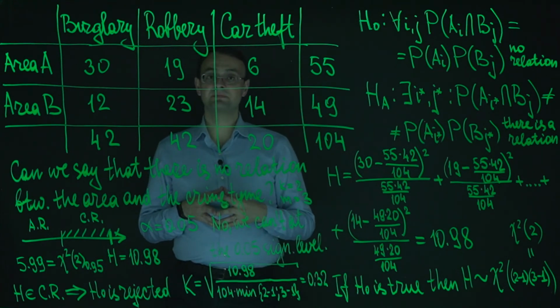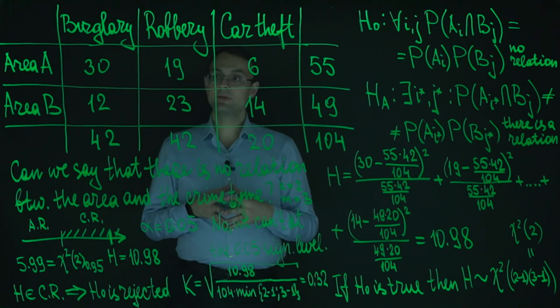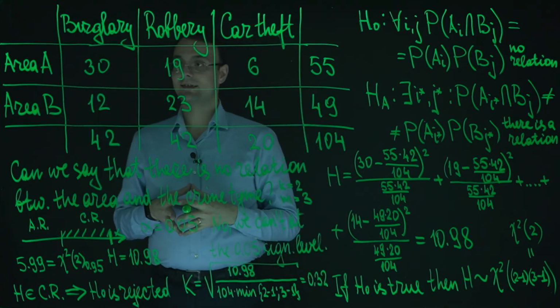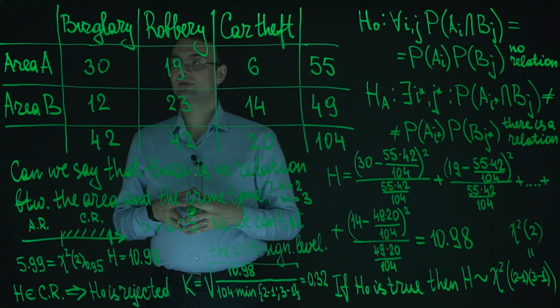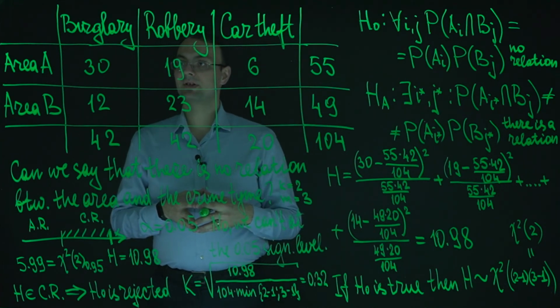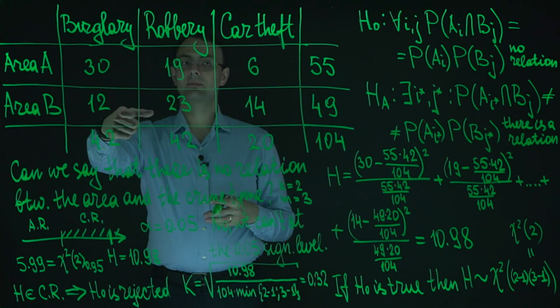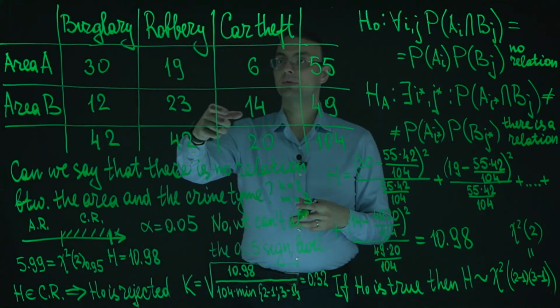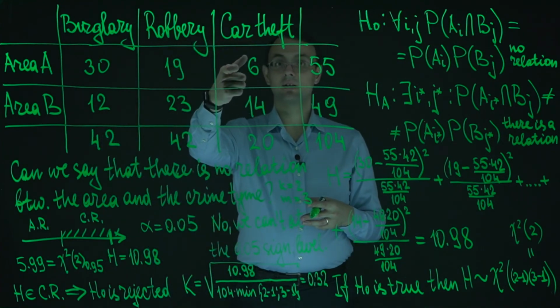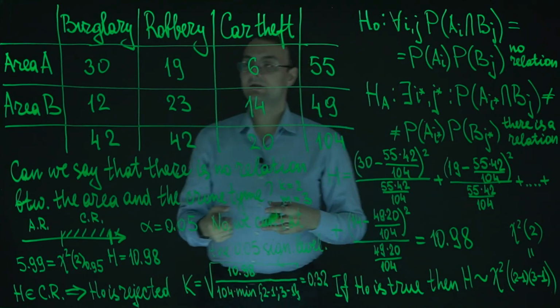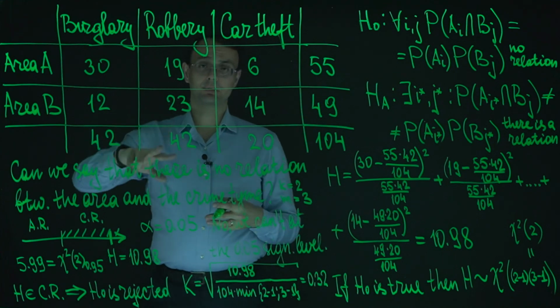So we can say that there is a dependence, a relation, an association, but not a very strong one. If we look at the table, we can say that, for example, the number of burglaries is higher for area A than for area B, the number of car thefts is lower for area A than for area B, and the number of robberies is almost equal.